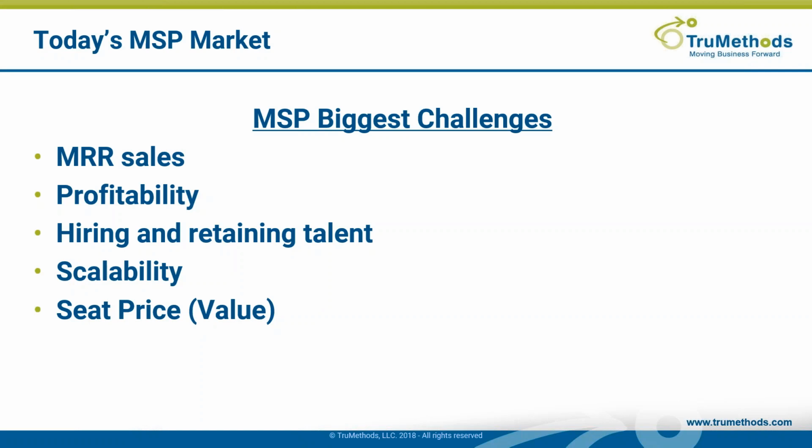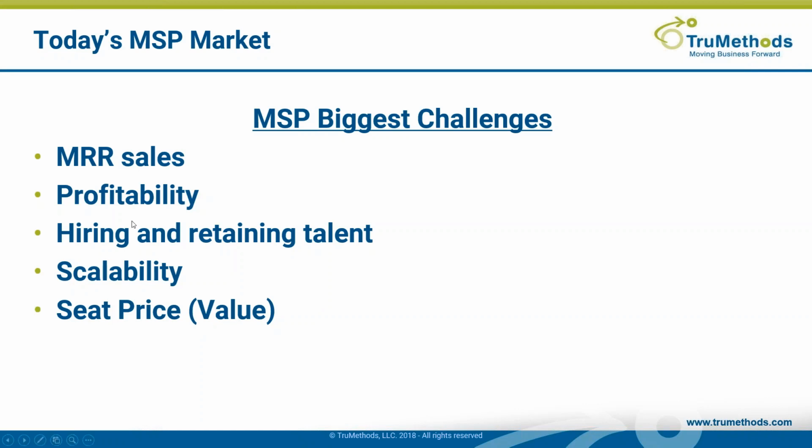Definitely hiring and retaining top talent right now is a huge issue in the industry. Scalability: we find that people get to certain recurring revenue levels and get stuck, and they really come down to really one thing, being able to command the right price, or the average seat price, which really is the value of your offering.